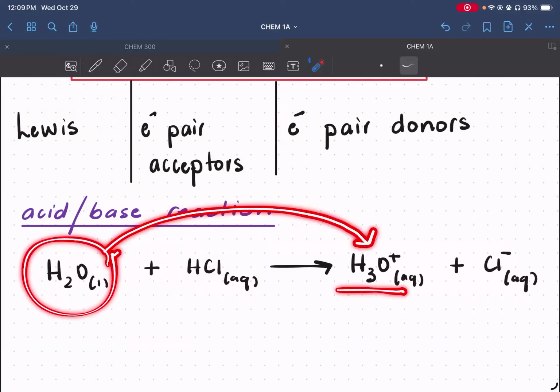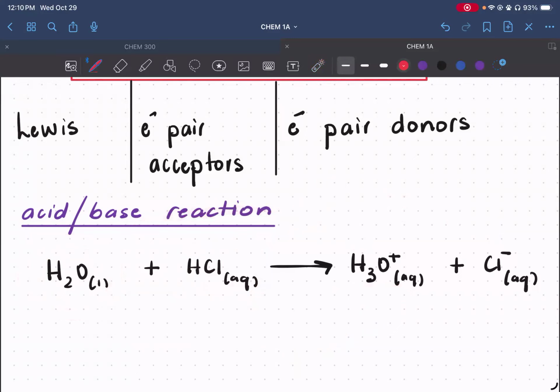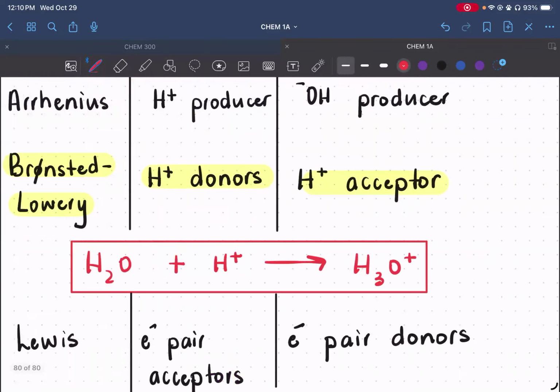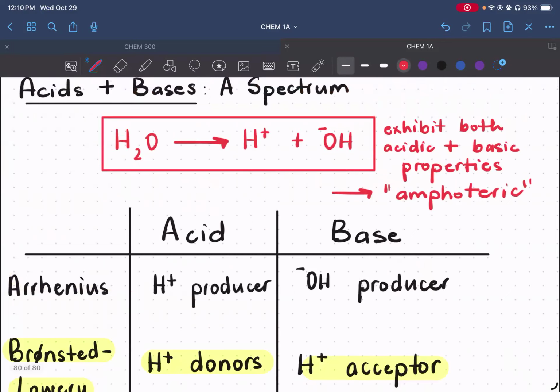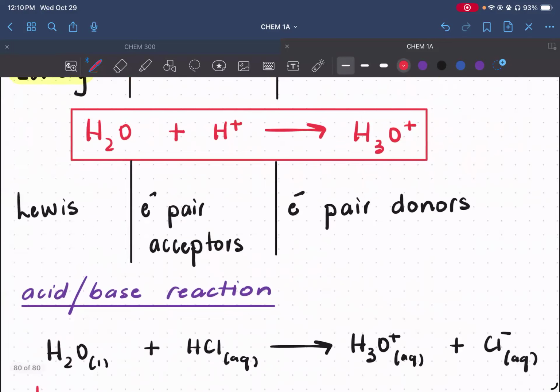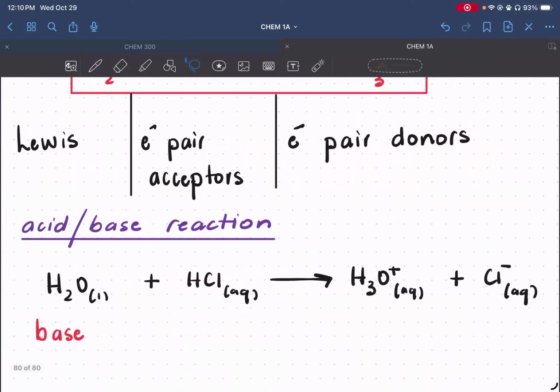This is an example of water accepting a proton. Visually, that should be clear. Based on this logic alone, we can describe the H2O as a base. Remember that water is known to act as both an acid or a base, depending on the context. In this case, it's acting as a base.